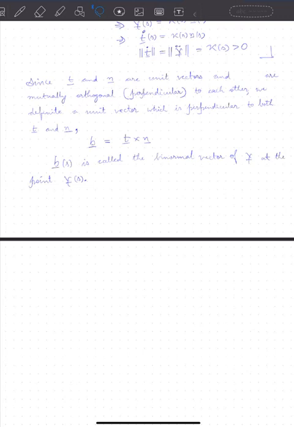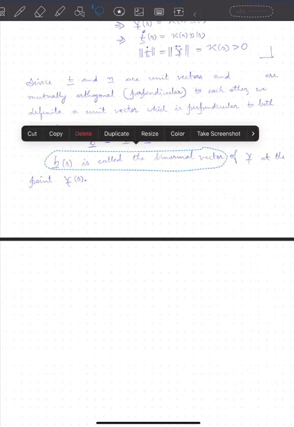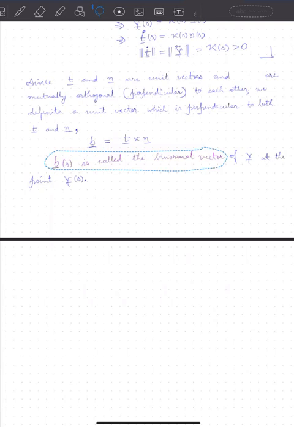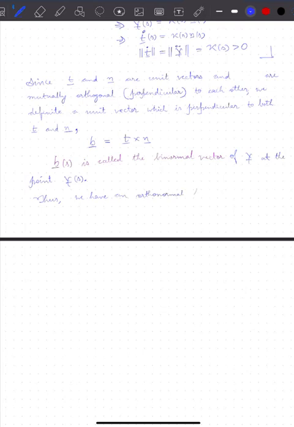So there is another new word here. Essentially, thus we have an orthonormal basis of R3, which is also right-handed.